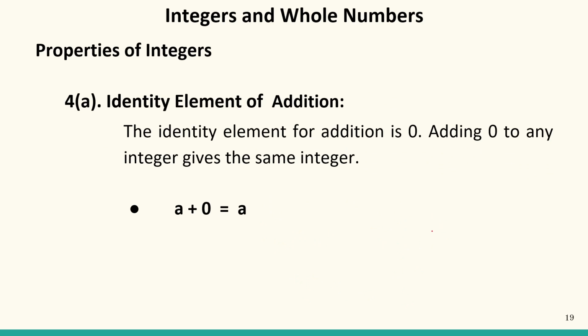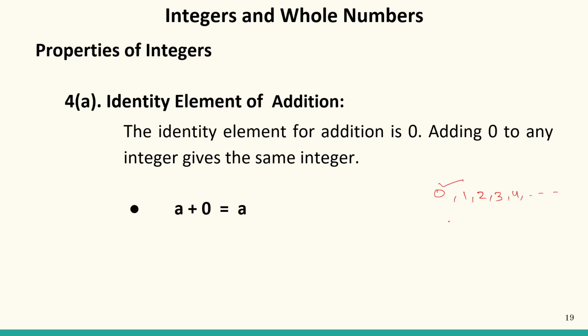Now the identity element of addition. Let's see what the identity element of addition is. The identity element for addition is 0. In the whole number set, we discovered that we got 0, 1, 2, 3, 4, and so on.